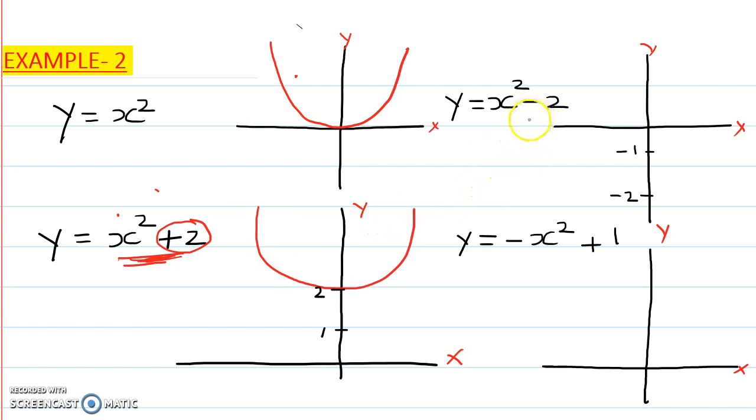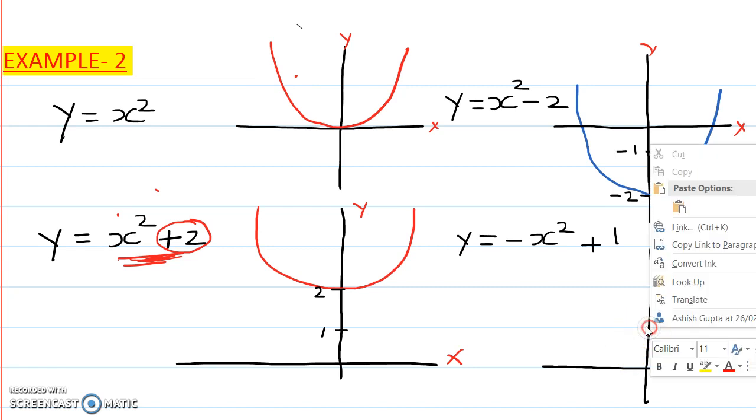When it is minus 2, it means the same curve, our original base curve, is now moving 2 units down. When it is minus x square plus 1, it means the shape will be the reverse of a U shape, and it is moving 1 unit up.